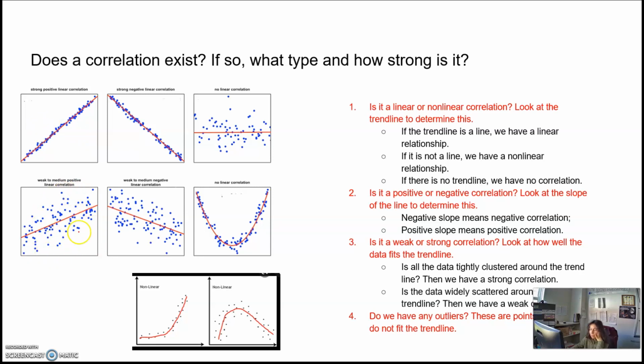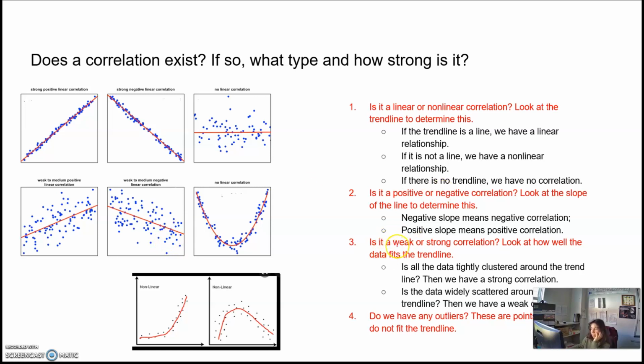In this scenario here, we also have a line going up to the right. That is also a positive correlation. If we have a negative slope on our line, for example, the scenario right here where our line is slanting down, or this example over here where our line again is slanting down, that would be a negative slope, meaning negative correlation, okay?